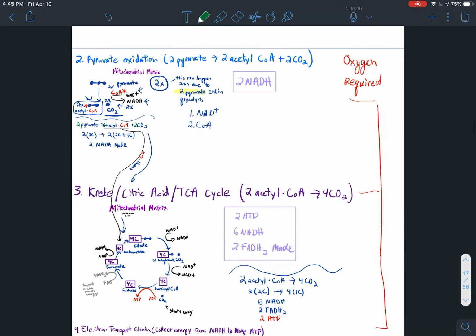Next, we're going to talk about pyruvate oxidation. Pyruvate oxidation occurs in only one reaction. We first put in coenzyme A, which is going to join into the reaction. The coenzyme A, the CoA, will eventually attach to the pyruvate over here.